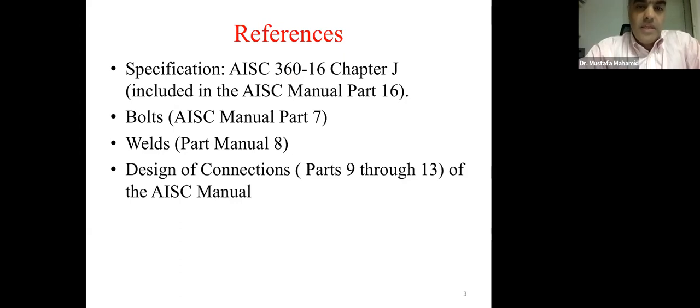So as you can see, Parts 7 to 13 are related to connection design specifically, in addition to Chapter J in the specification, which is in Part 16 of the manual.